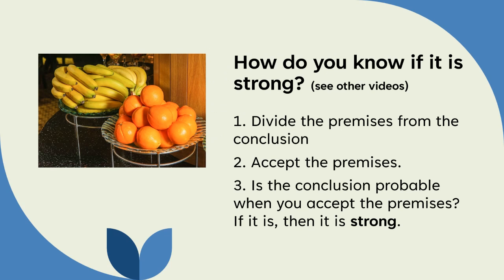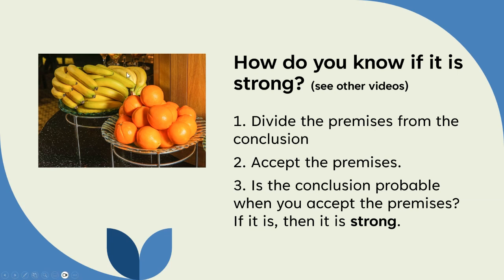Now, of course you're going to wonder, well, what do you mean? What does it mean to ask whether it's strong? Well, first off, look at the other videos, but here is basically the idea. To figure out if it's strong, first divide the premises from the conclusion, right?